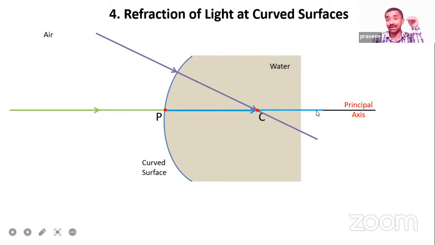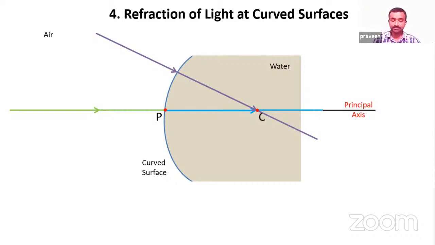So a light ray along the normal remains undeviated, in any direction, whether from denser to rarer or rarer to denser. In any direction, the light ray remains undeviated. So this we learned in this figure.